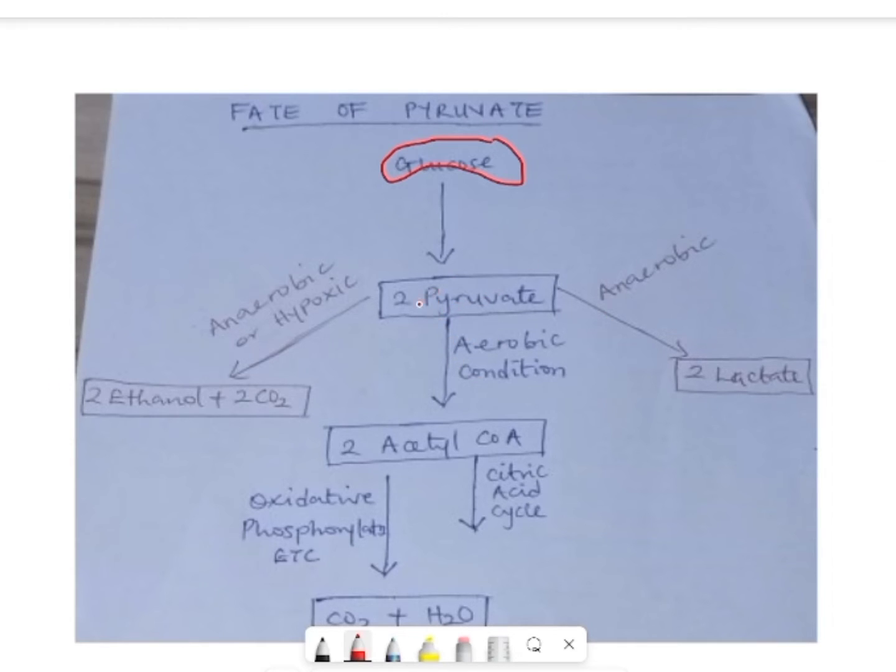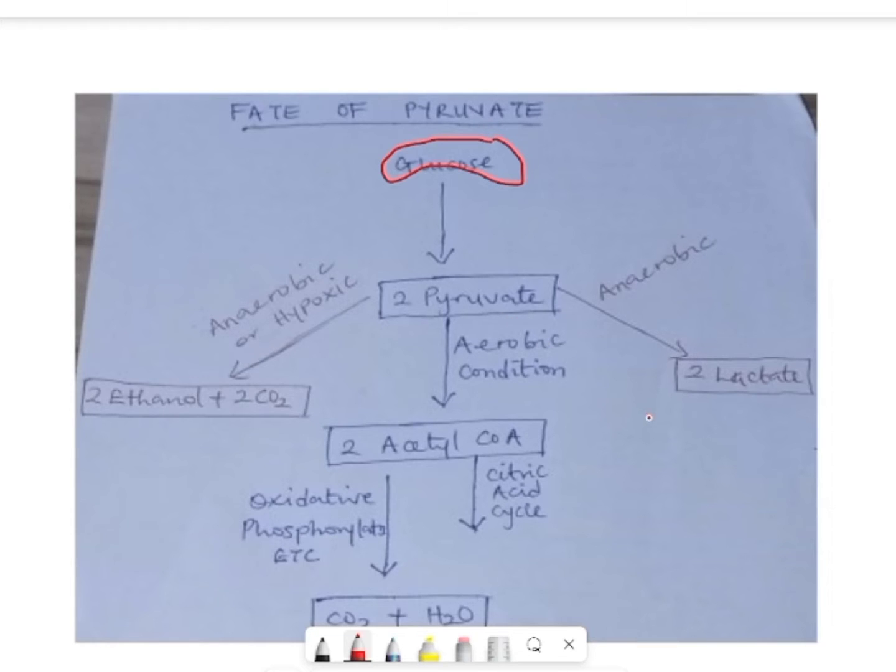Pyruvate can go through either of two pathways. In the presence of oxygen, excess oxygen or plenty of oxygen, we name that aerobic condition.